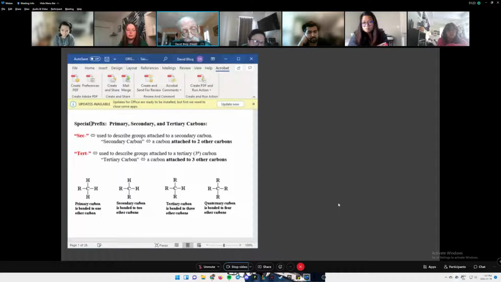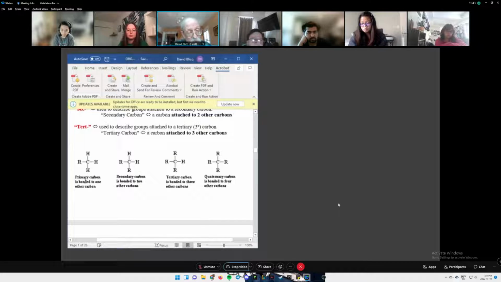Soak that up. A secondary carbon is itself attached to 2 other carbons. A lot of people just write 2 with a degree sign, secondary. A tertiary or 3 degree carbon is attached to 3 other carbons. It's that simple. Here we have a carbon. How many bonds does carbon like?